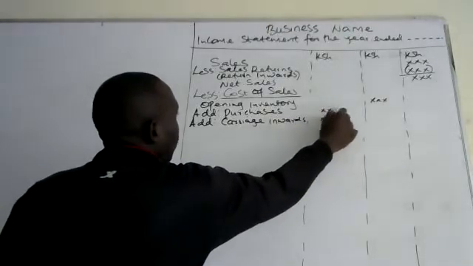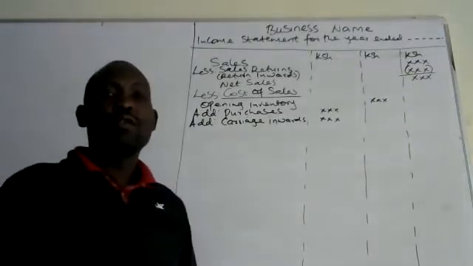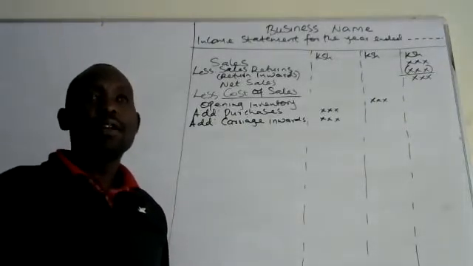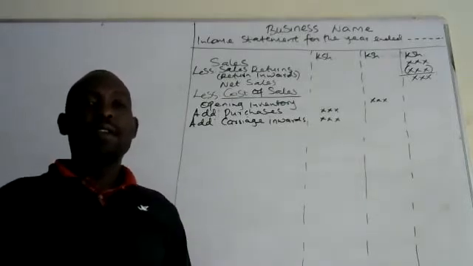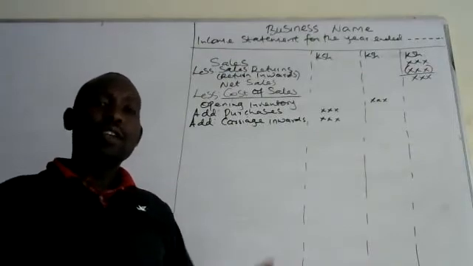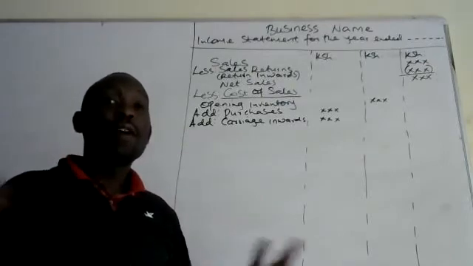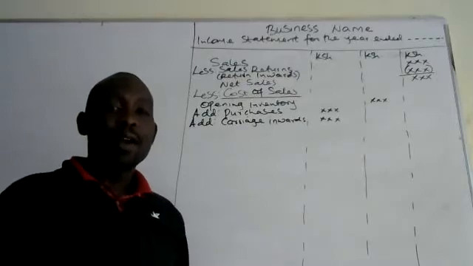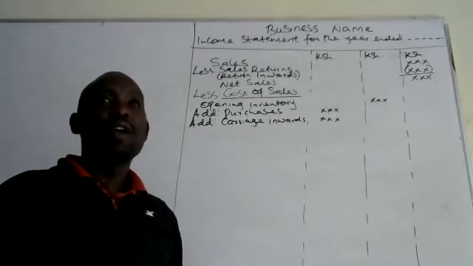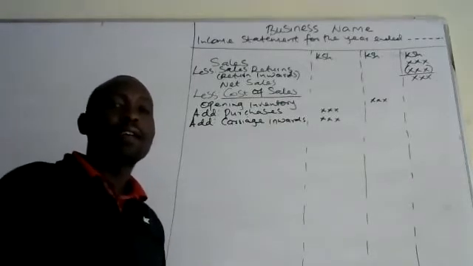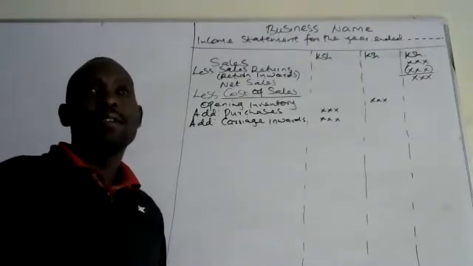Carriage inwards is the cost of transporting the purchases from the supplier to the business. Because it is purely attached to the purchases, we normally include it with the purchases. So if I buy goods worth 10,000 and incur 1,000 to transport them, those goods have cost me 11,000, not 10,000. So the cost of transporting purchases is referred to as carriage inwards. Sometimes they call it carriage on purchases.